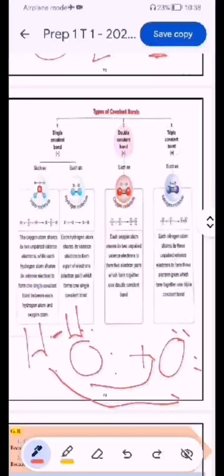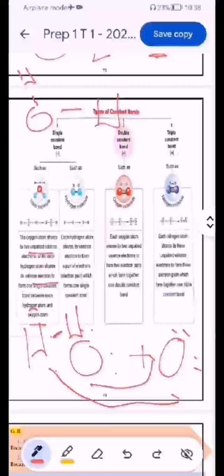And in the water molecule, the oxygen atom shares two unpaired valence electrons, with each hydrogen atom sharing its valence electron. That forms one single covalent bond between each hydrogen and oxygen. Oxygen has two unpaired electrons. One of them is shared with this hydrogen and the other with the other hydrogen. So we have two single covalent bonds.